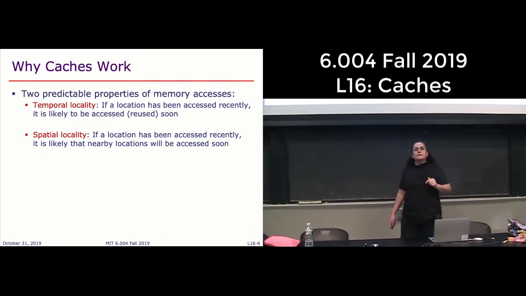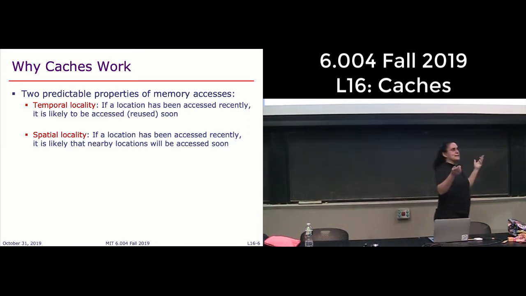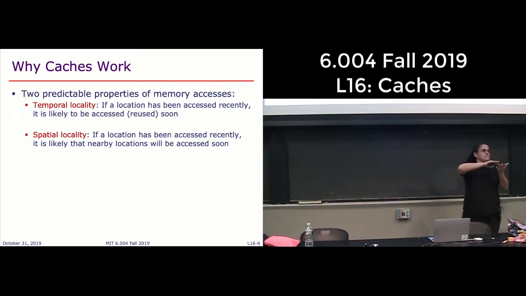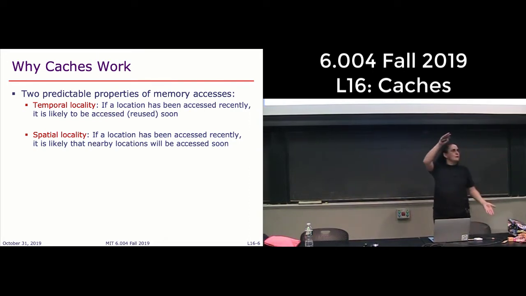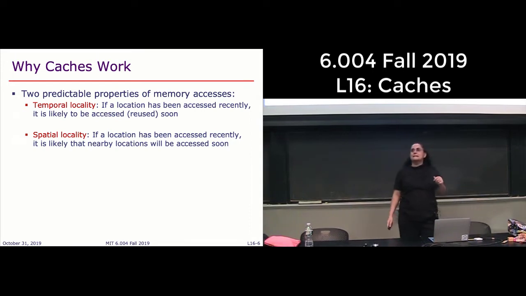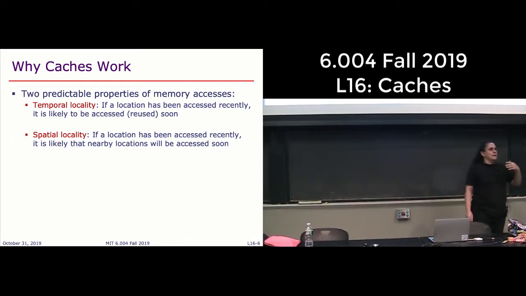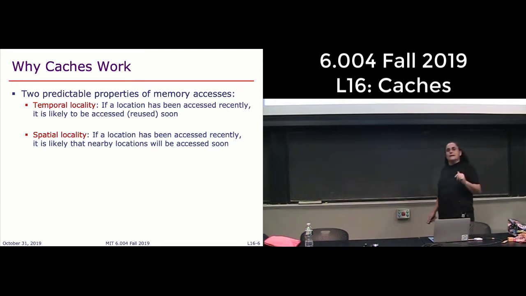Similarly, if I'm accessing an array of data elements, those array elements are stored in contiguous locations in memory. And so that means that if I'm accessing array element 0 from location 0x200, then array element 1 is going to be in location 0x204.